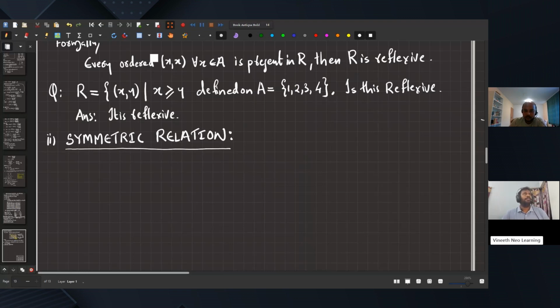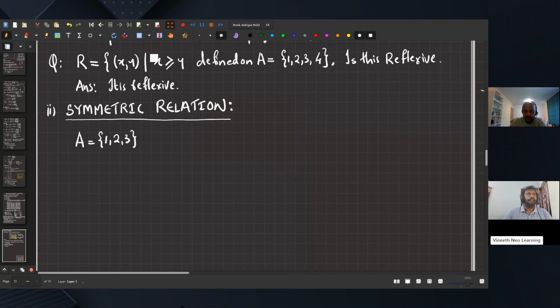Again, let me give you some examples. Consider the same set A = {1, 2, 3}. So we can use the same Cartesian product. Let's look at some relations. First relation, R1 = {(1, 2), (2, 1)}.